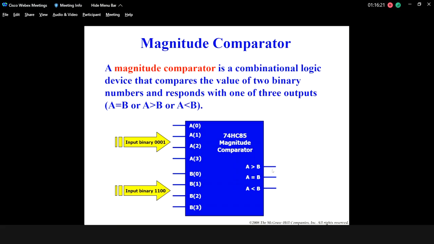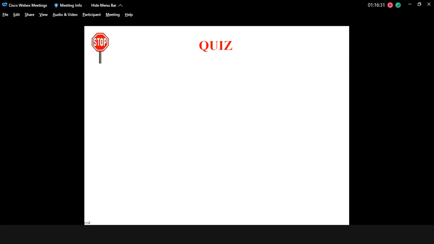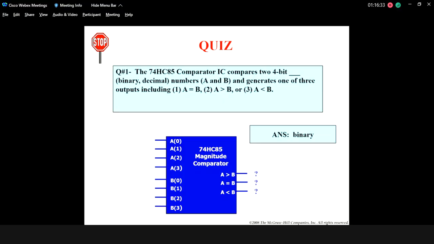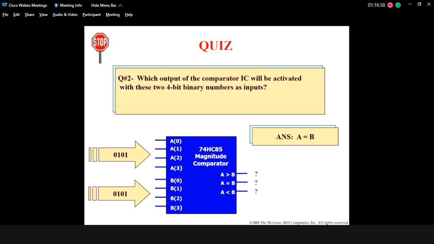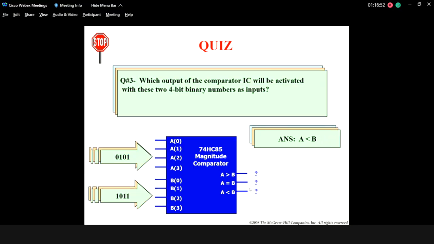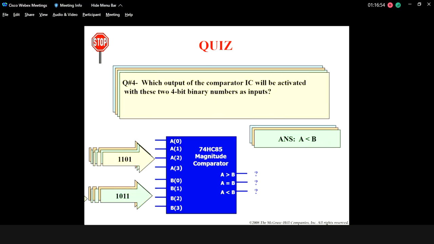That's all the answer that it gives. It just compares the magnitude. So let's say we give 0101 to A and 0101 to B. Then we will get output high at A equal to B, and the same goes for the others.